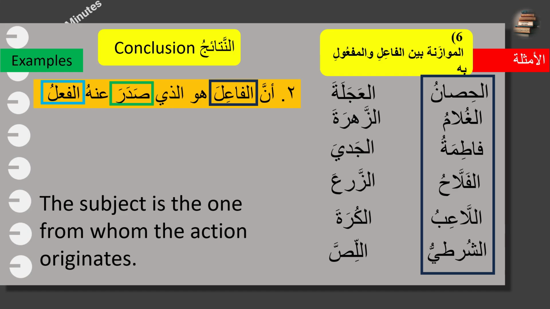So the subject is the one from whom the action originated. So the action is done by these fa'ils. They're the ones that did the action.